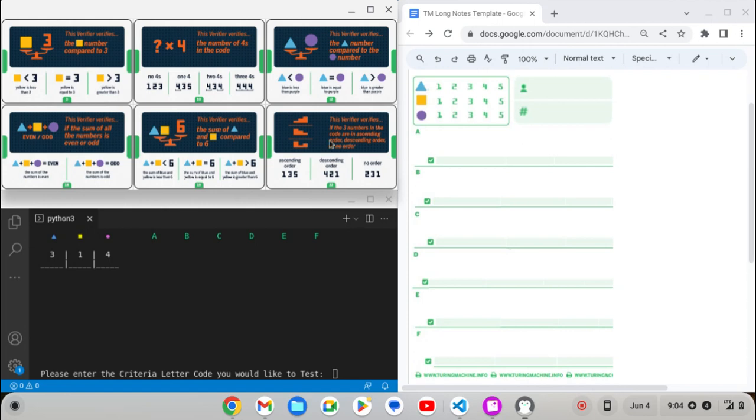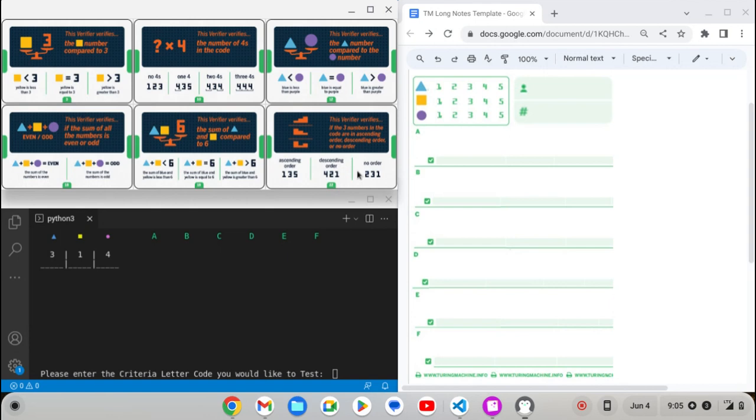And finally, criteria card F will tell us a little bit about how the 3 digits are structured. Are the digits in an ascending order, increasing as they go, as in the example 135, or are they descending, getting smaller as they go, as in the example 421, or is there no order to the digits, as in the example 231?